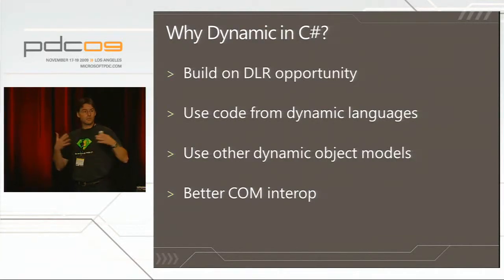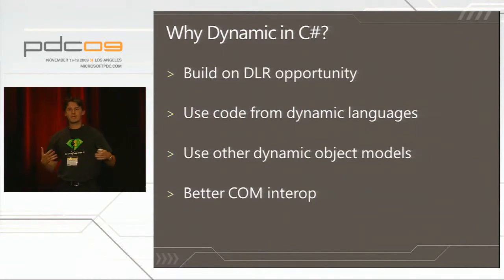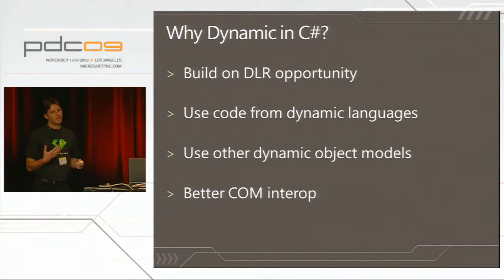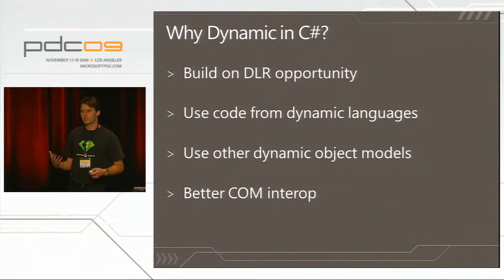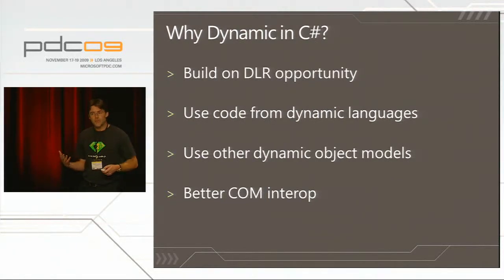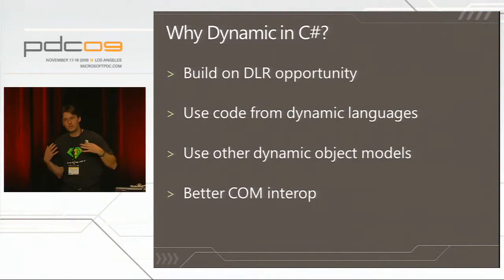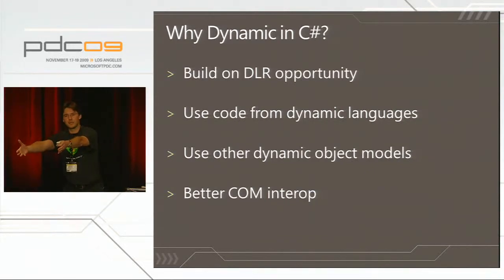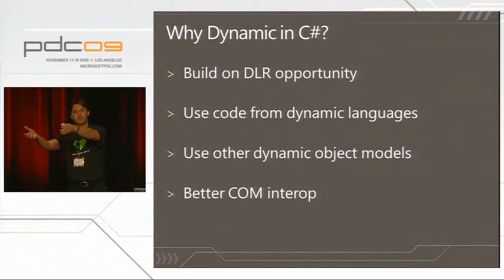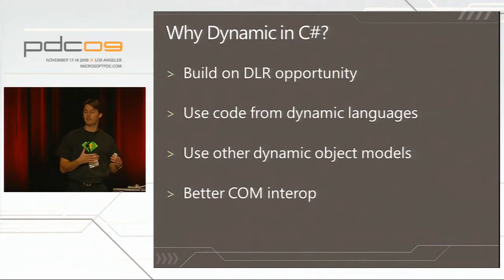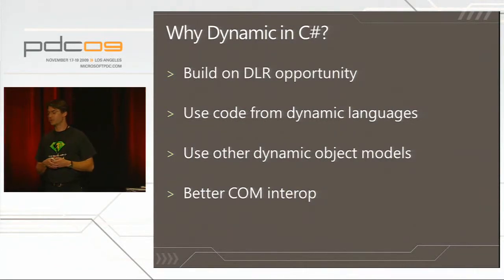But that means we get more and more code out there that's written in a dynamic language and uses a dynamic infrastructure. And without doing something, all that good stuff out there will be really hard to use from our static languages, from C# and VB. So we have to do something to make the interop experience from a static language to a dynamic one as smooth as it already is with IronPython and IronRuby coming to static .NET types, which is a really great interop experience.